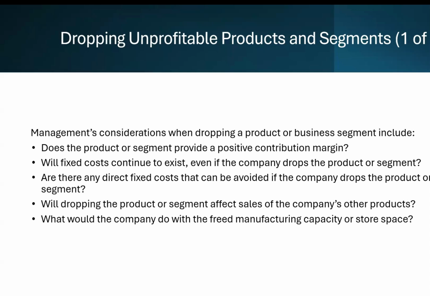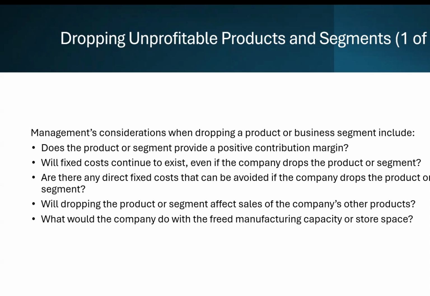Dropping unprofitable products and segments. First, the manager evaluates whether the product or segment generates a positive contribution margin. It is essential to determine if the fixed costs will persist even if the company discontinues the product or segment.